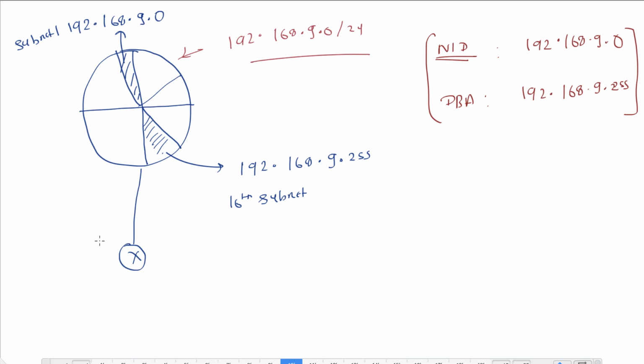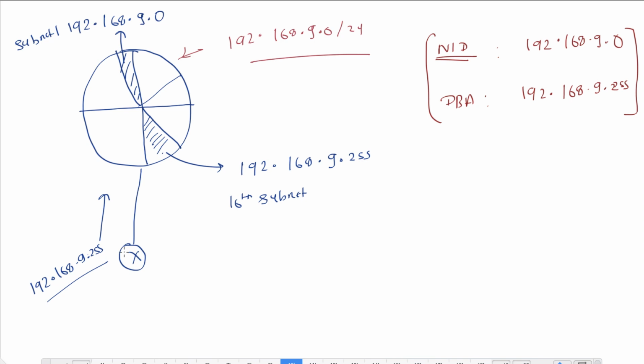Similarly, if some packet it wants to broadcast, which means some packet is coming with a destination IP address like this, then for this router this is the directed broadcast address for the whole network, which means this packet will get delivered to every host in this network, not just this subnet. This is important to understand. I hope you got the idea.